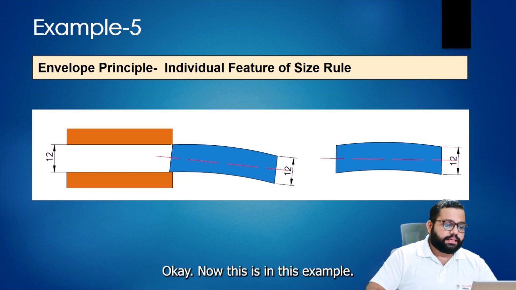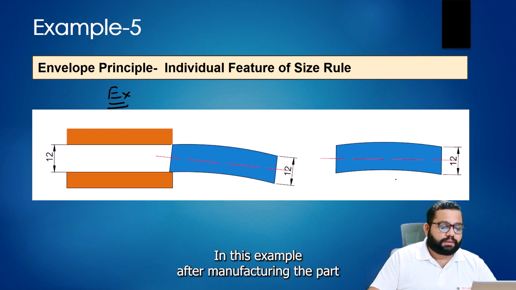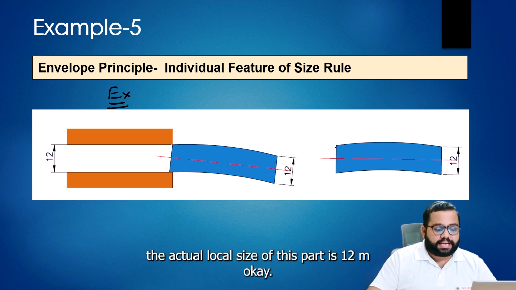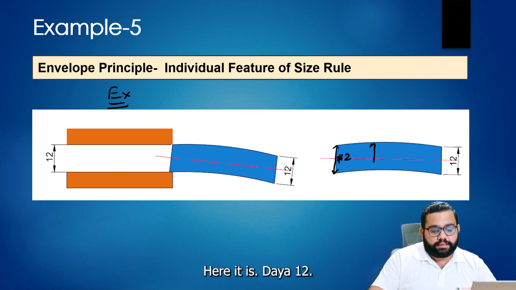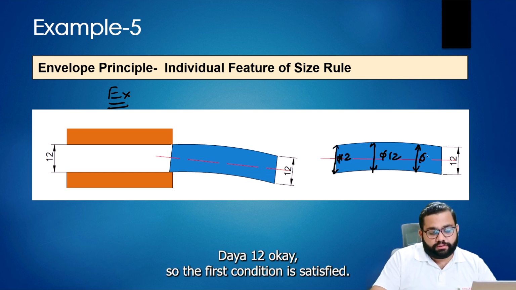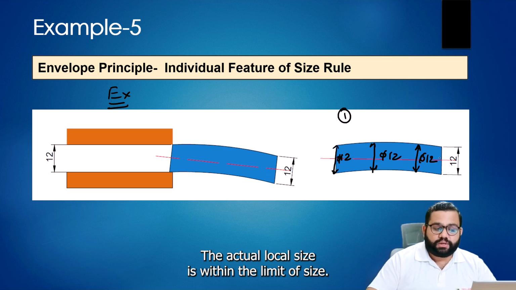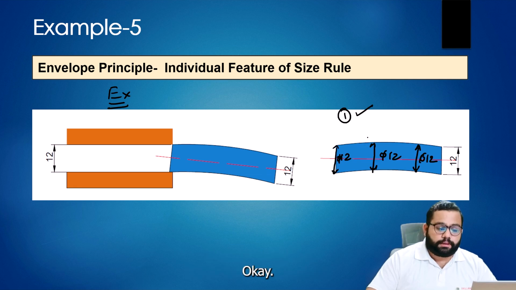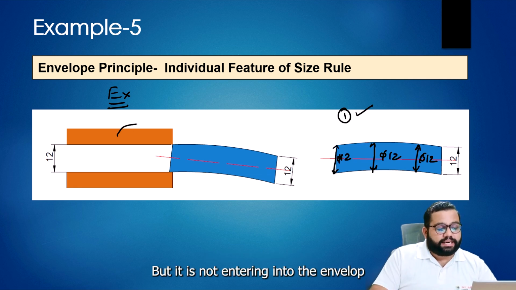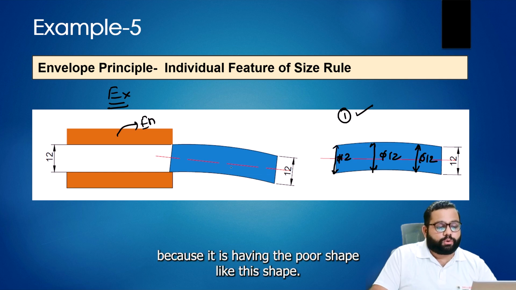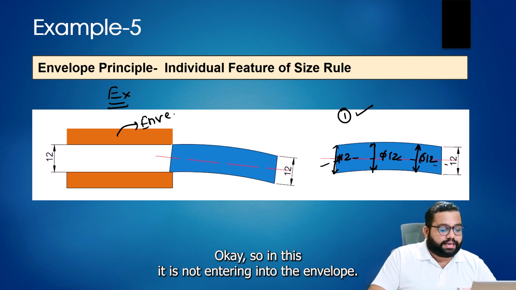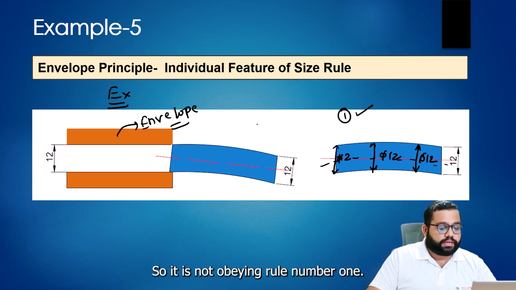Now, in this example, after manufacturing the part, the actual local size of this part is 12 mm. Let's say here dia 12, here dia 12, here dia 12. So the first condition is satisfied; the actual local size is within the limit of size. But it is not entering into the envelope because it has a bow shape like this. So it is not obeying rule number 1.